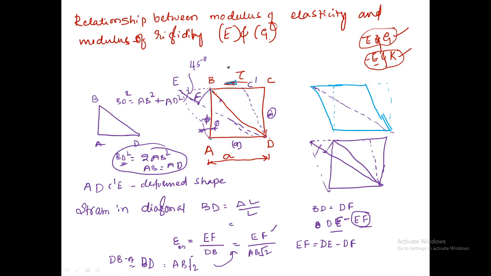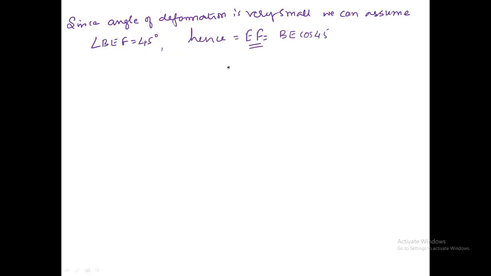Now let us substitute back again in the strain equation. What equation did you get? EF divided by BD, which is equal to EF divided by AB into root 2. Now BE into cos 45 divided by AB into root 2.